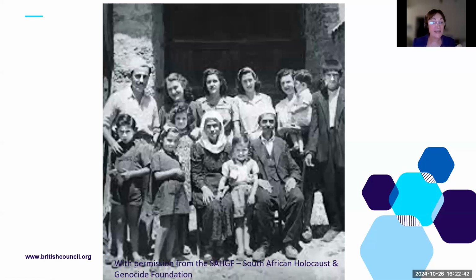This is the Veseli family from Albania, and they are pictured just after the war with some Jewish people that they saved during the war. They hid them at enormous personal cost to them. They dressed the woman up in Muslim gear, and when they knew there was a raid coming, they sent the men into the forest.